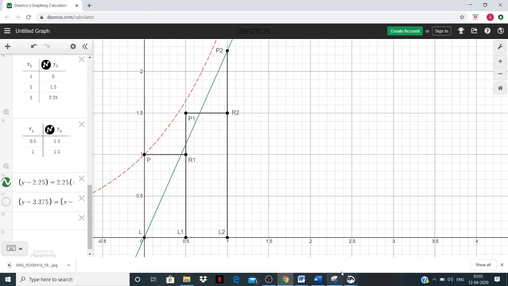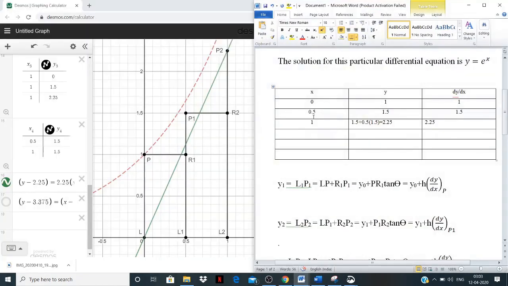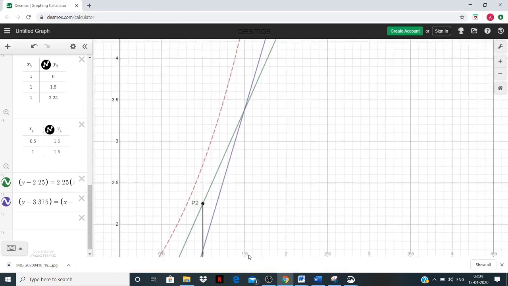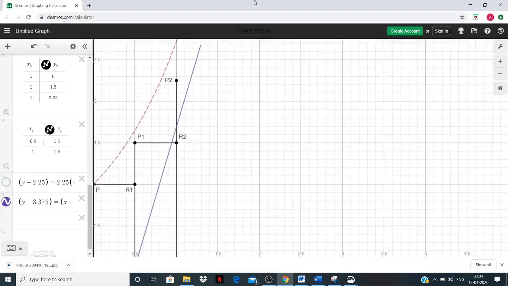When we use the same formula to find the value of y, what we get is 3.375, and dy by dx will be 3.375. So the tangent line will be this purple one.